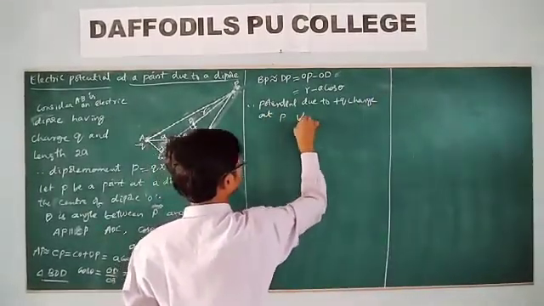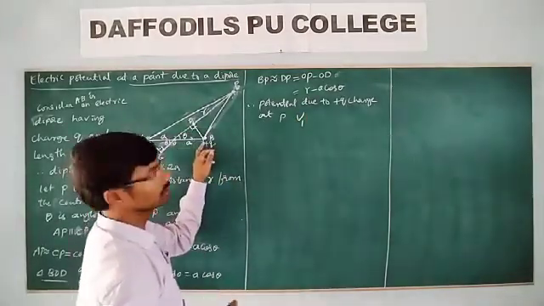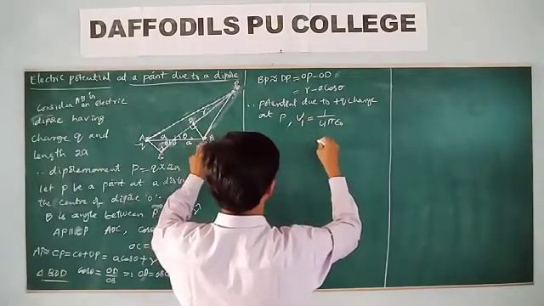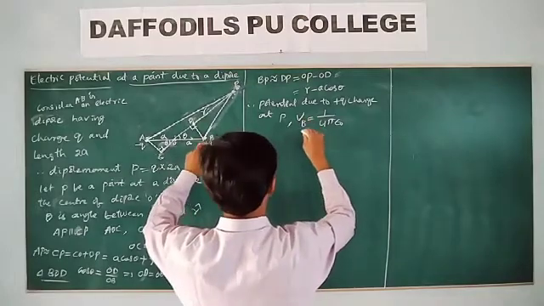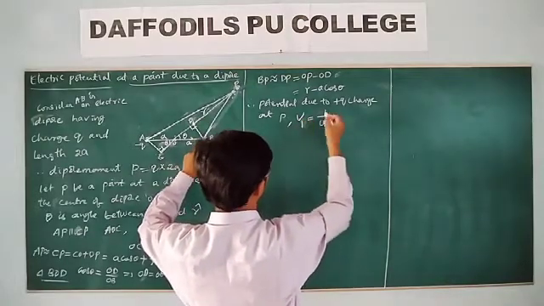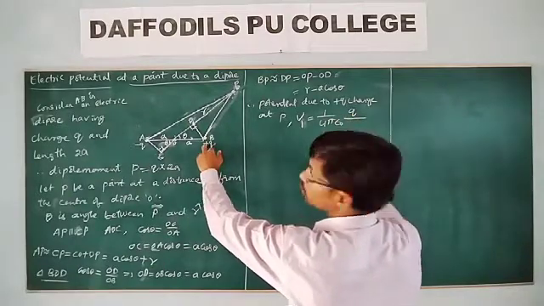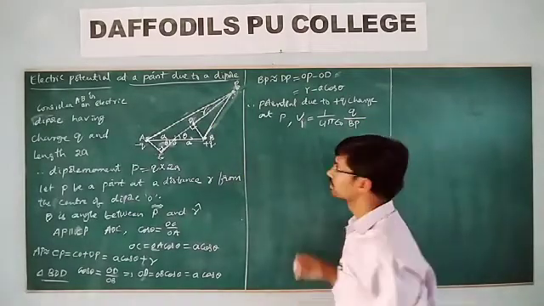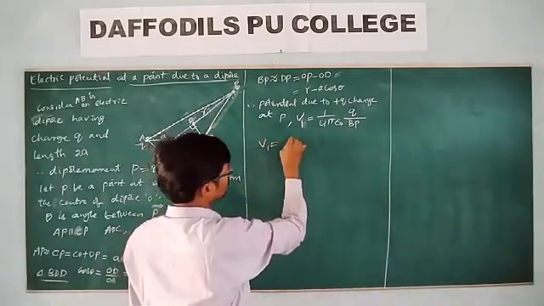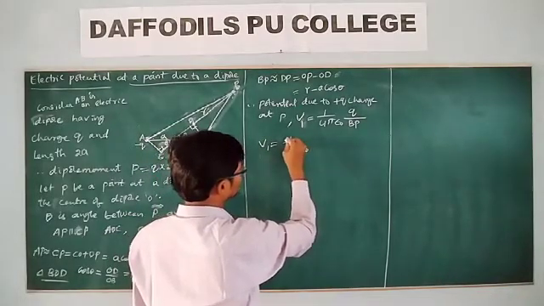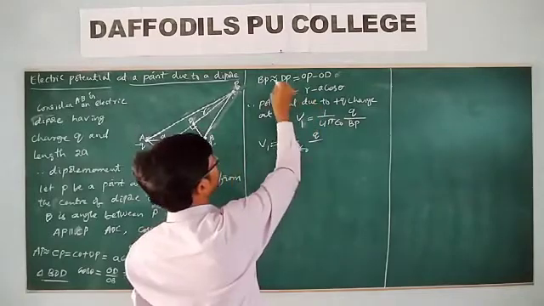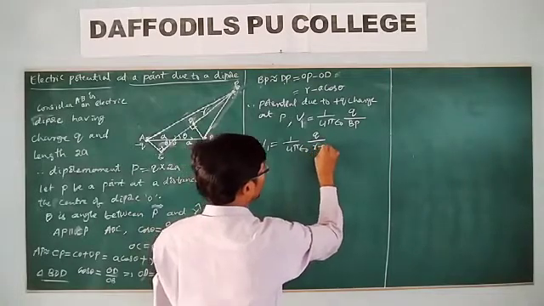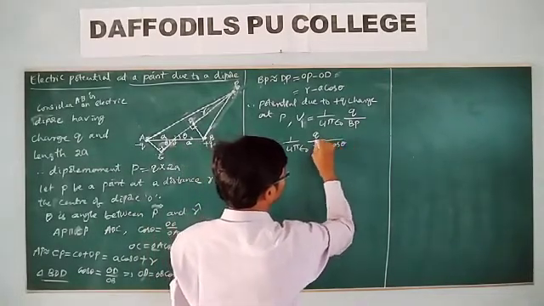P, let me take it as V1. V1 is equal to 1 by 4 pi epsilon naught Q by BP, which is identically equal to DP, which is nothing but R minus a cos theta.